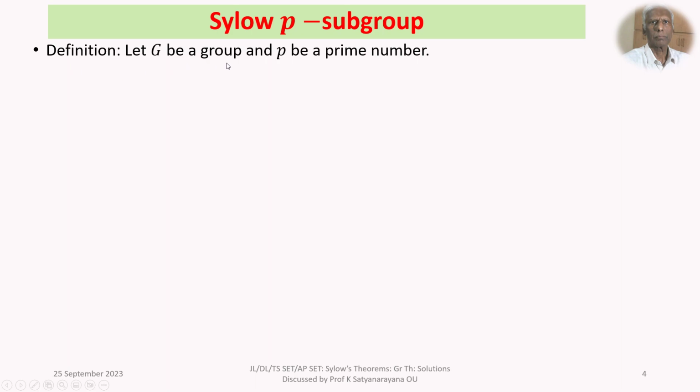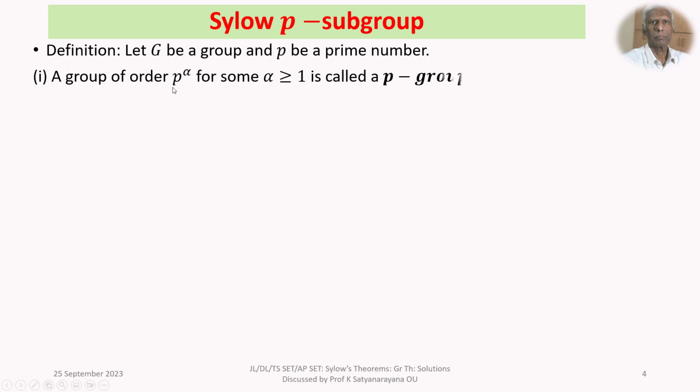Let G be a group and p be a prime number. A group of order p to the power of alpha for some alpha greater than or equal to 1, that is, if the order is a power of a prime, is called a p-group.